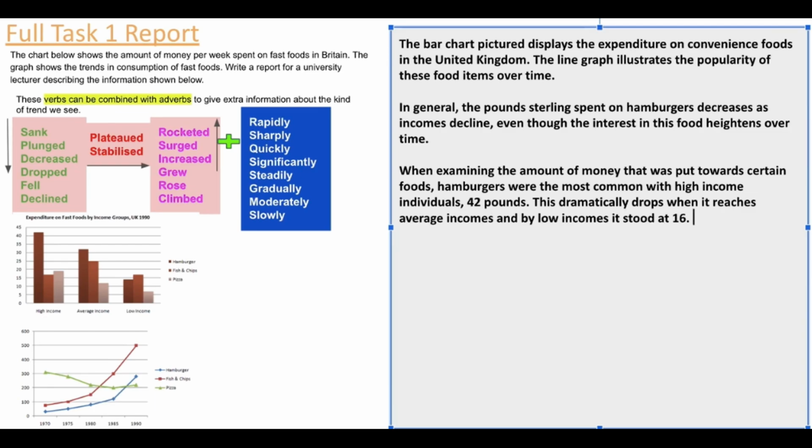Now let's talk about maybe fish and chips and pizza briefly. So we don't have to pull everything, but let's talk about how pizza follows a similar pattern or trend. Pizza follows a similar trend of dropping in expenditure.